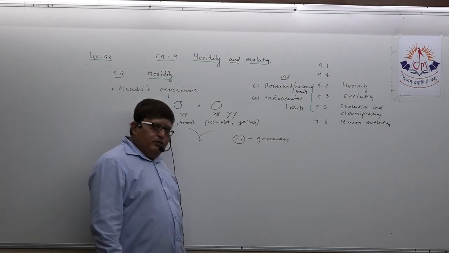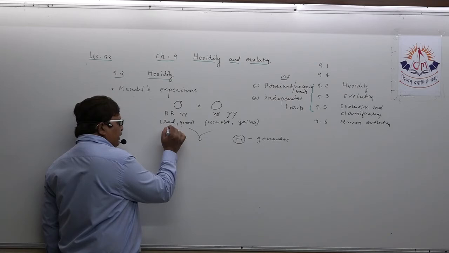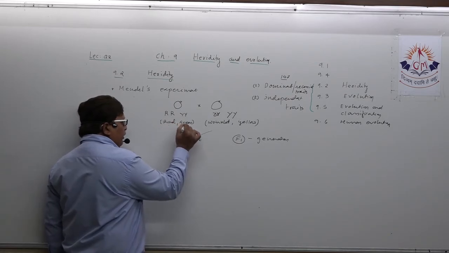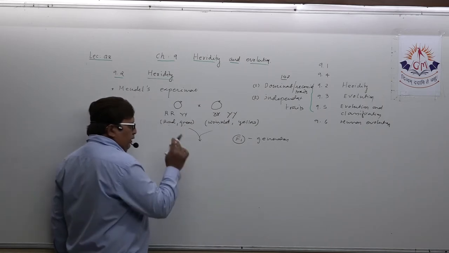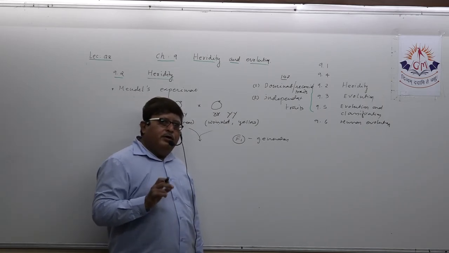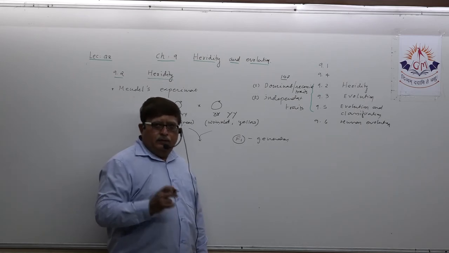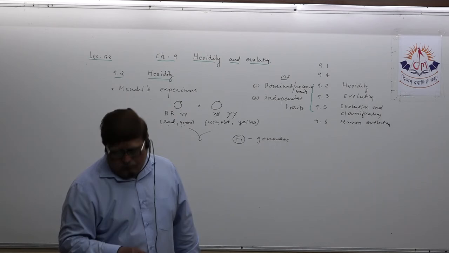Understand? So what happened in the first generation? Which are the traits targeted? Round, green color, wrinkled, yellow color. In the first generation, what did he find? Round and yellow. That has been written in the textbook, and you can prepare from the diagram also.